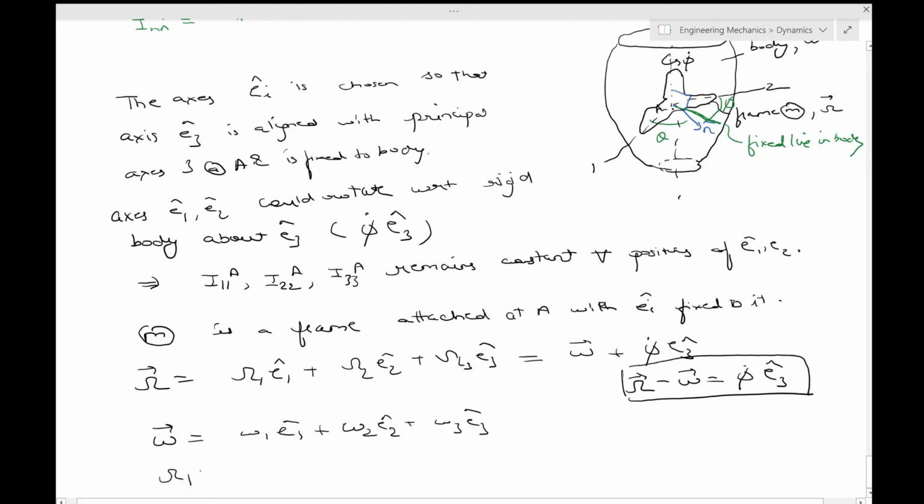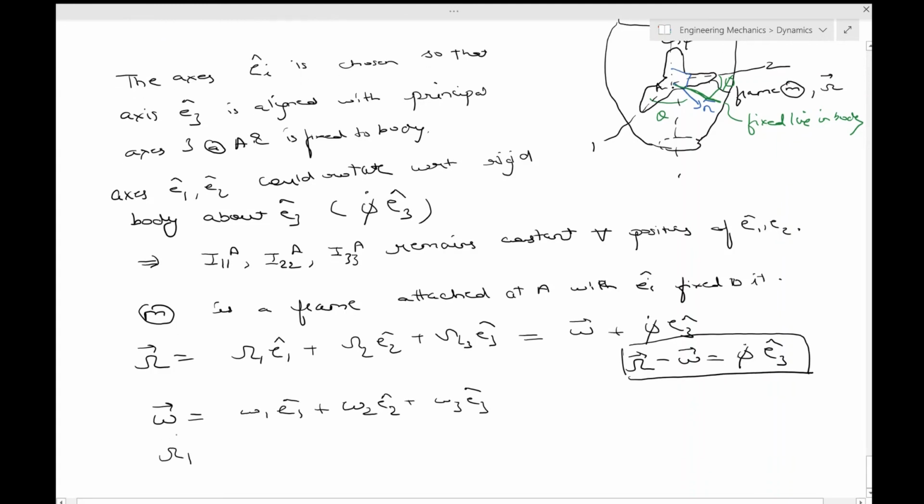So this would imply that Omega_1 is equal to omega_1, Omega_2 is equal to omega_2, and Omega_3 is equal to omega_3 plus phi dot, which is not equal to omega_3.